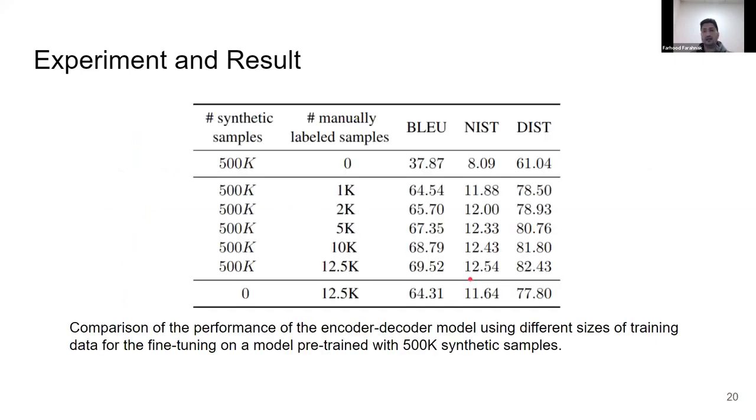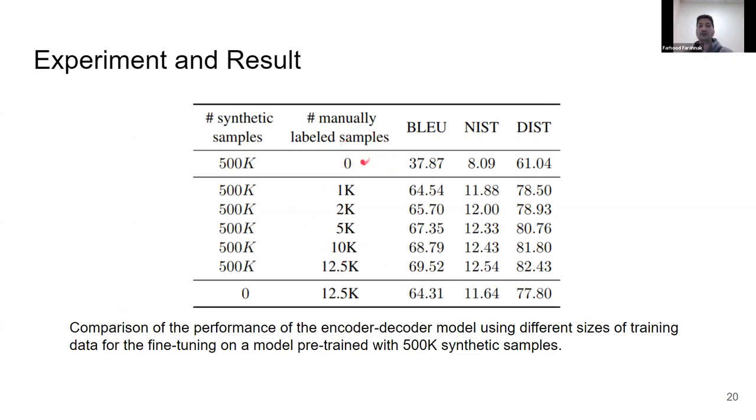In another analysis, we considered different sizes of manually labeled data. We trained the model with 500,000 synthetic samples, and then trained it with 1,000 from the EWT data set, 2,000, up to all of the samples that we have in the EWT data set.